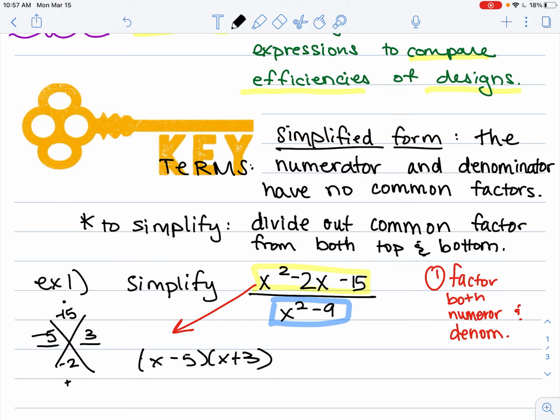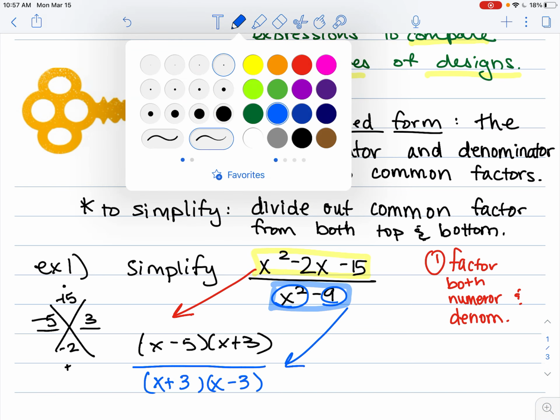And for this one, I can see that it's a difference of 2 squares, which tells me when I factor this, I take the square root of x squared as x, and the square root of 9 is 3, and one is a plus and one is a minus. Okay, so I've factored them.